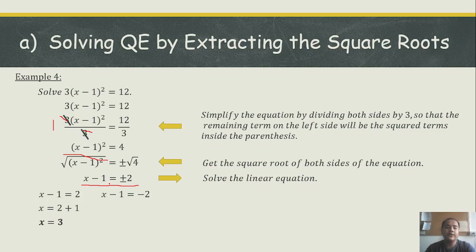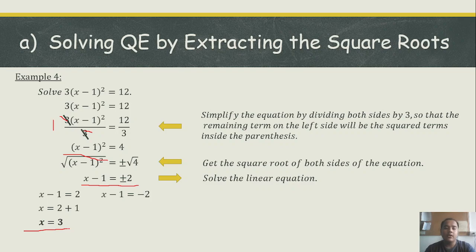So let's solve first the first linear equation that we got, wherein si positive 2 yung binasehan. x minus 1 is equal to positive 2. Transpose the constant negative 1 or group the similar terms. x is equal to 2 plus 1. So the first root will be x is equal to positive 3.